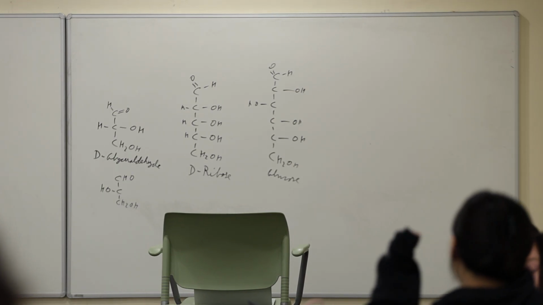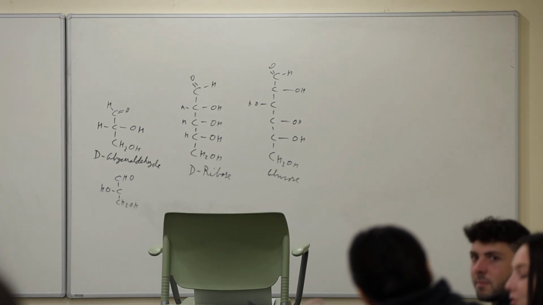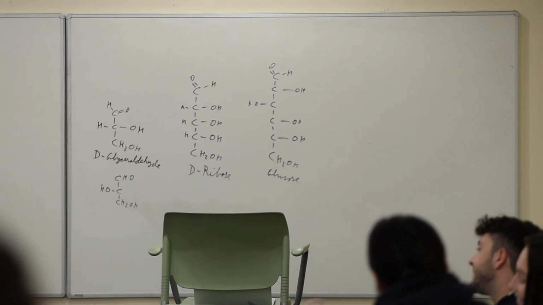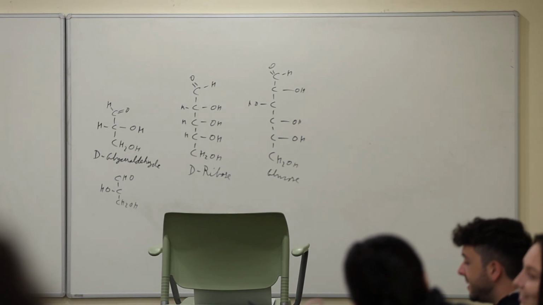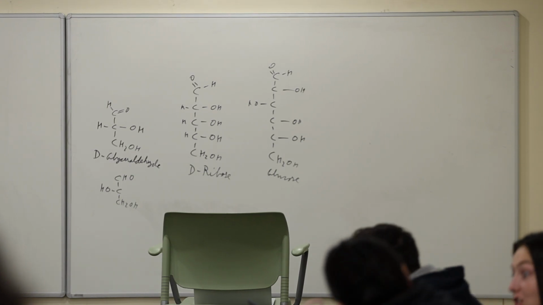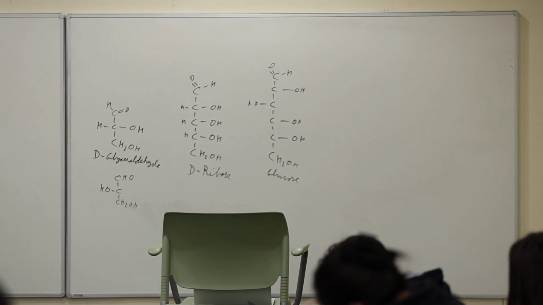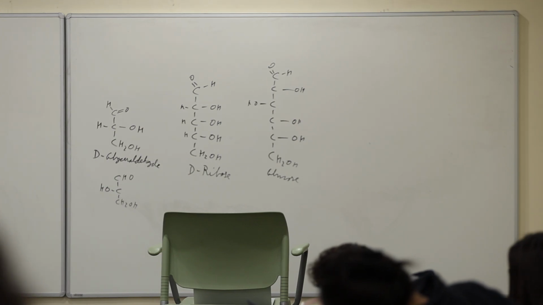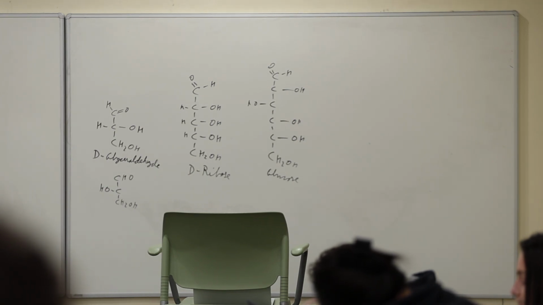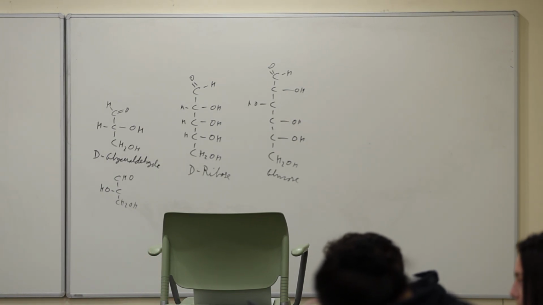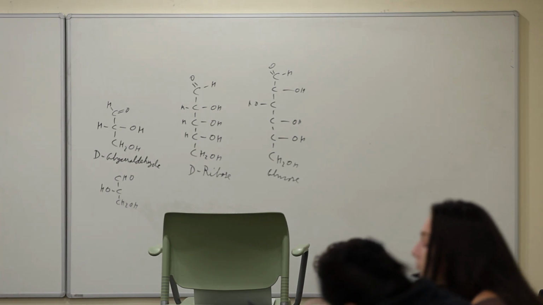So how are they different from glucose? 2 things to remember. Mannose is different at C2. Galactose is different at C4. Mannose at C2, galactose at C4, the rest of the structure is the same.